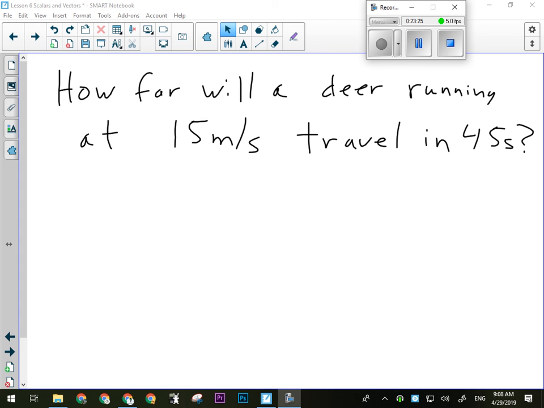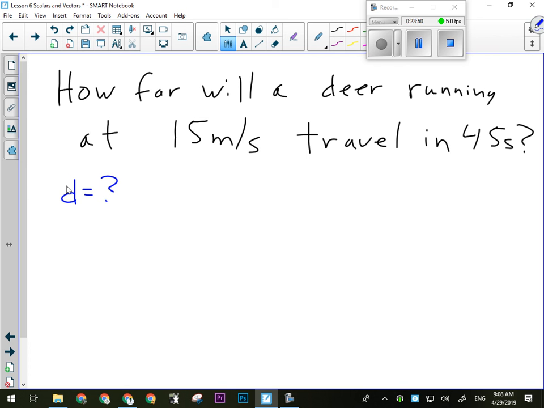So similar to how we dealt with mole equation problems, the first thing we want to write down when we're dealing with a physics problem is the givens from the question. This question is asking how far a deer will run. How far means it's asking for what? Distance. So distance is not a given, but it's what I have to find.